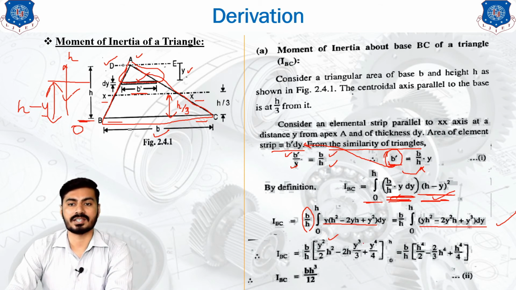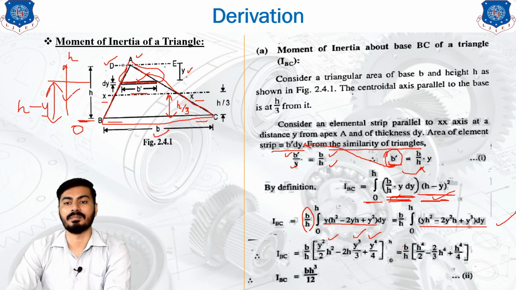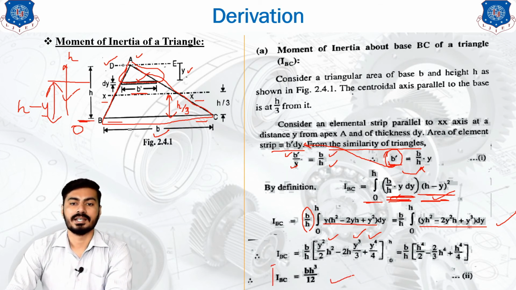The integration of y square is y cube by 3, into 2h as a constant term. Now the integration of y cube is y raised to 4 by 4. Now if you put the limits in those integrated terms, replace y with h and simplify, then you will get the answer as IBC, that is bh cube by 12.